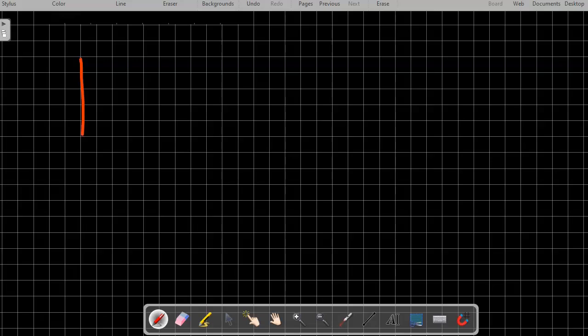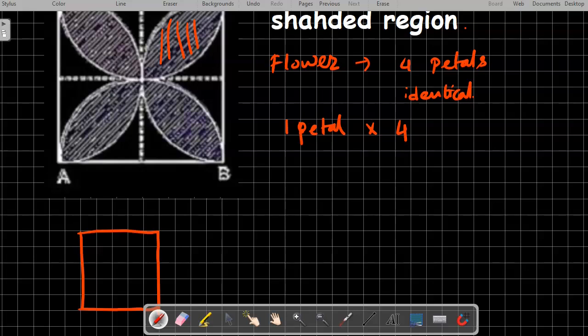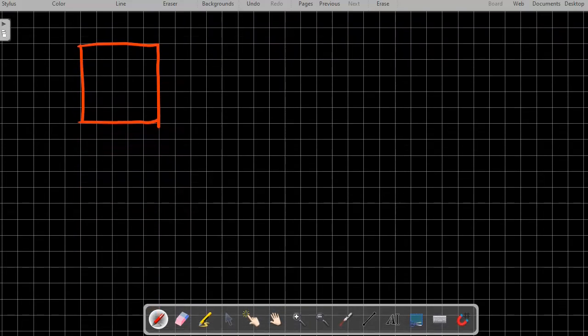So we have a square like this. See in this figure, all the petals are inside the small squares. So I am drawing one petal. So we have a square like this, and then we have this petal like this.